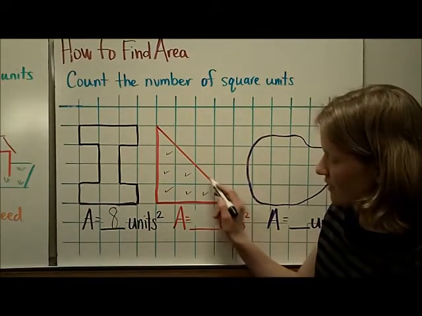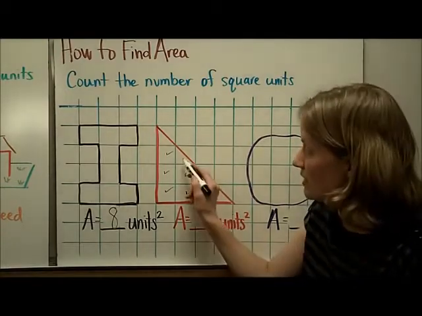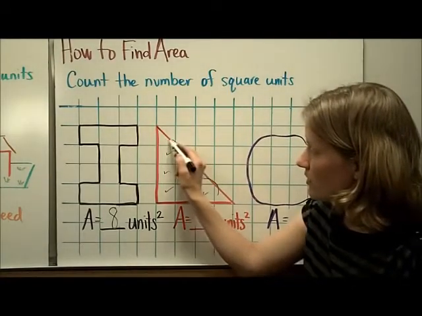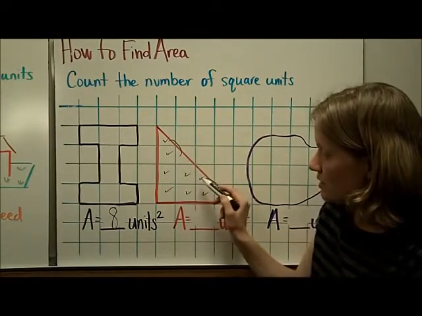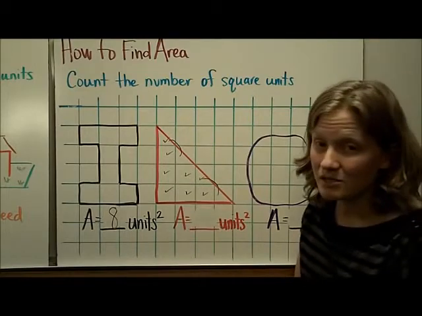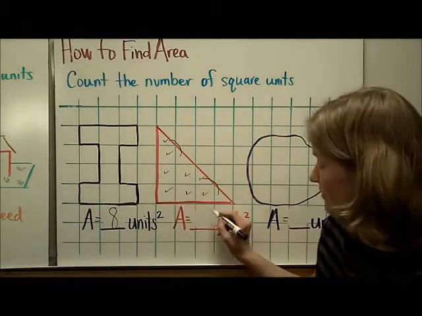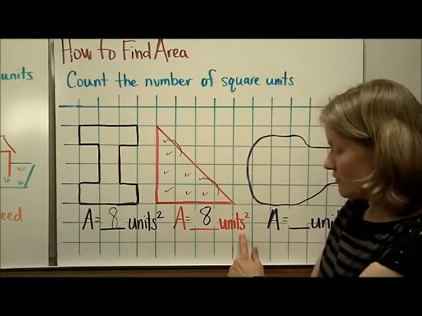So if I put those together, they would take up another 1 whole square unit, and these 2 together would take up another whole square unit. So I've got 1, 2, 3, 4, 5, 6, 7, 8 square units that this triangle takes up. So the area of this triangle is 8 square units.